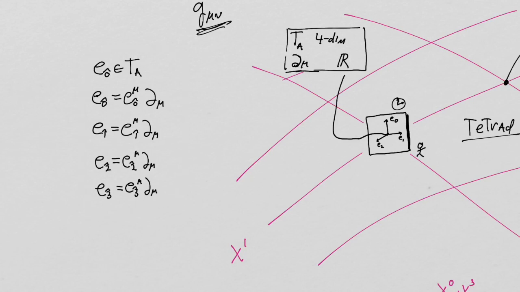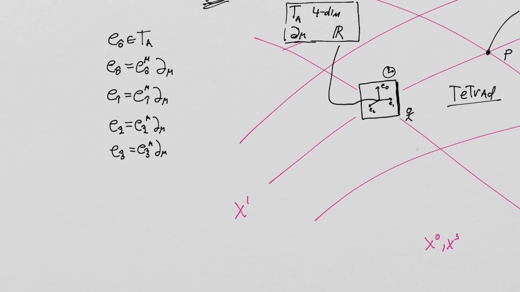Ergo, any arbitrary vector x, which is an element of the tangent space, can always be written as x^mu partial_mu using the bird's eye coordinate system, but it can also be written as x^a hat e_a hat. So the vector x has components in the bird's eye system, and it has components in the tetrad system. And any vector can be written either way. It's the same vector. It's simply a matter of the basis.